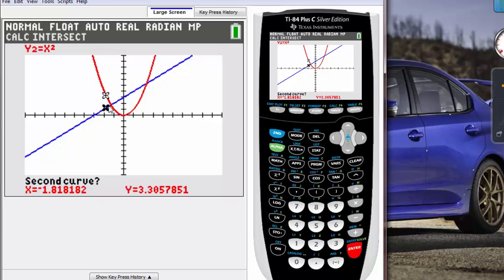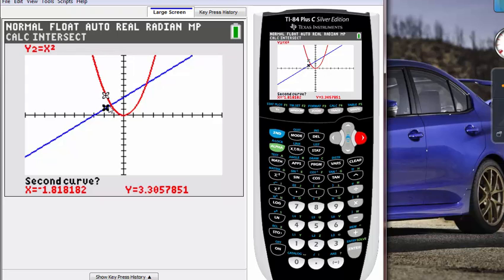Once you hit enter, it's going to ask you for the second curve. And notice there's another cursor popped up, right? Somewhere around there, so between these two cursor points, it's going to find the intersection, which has to be that point.